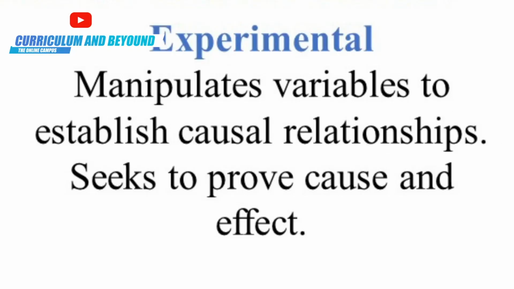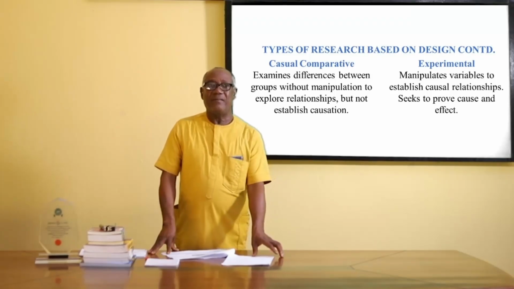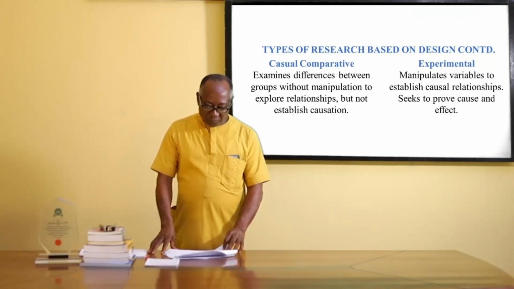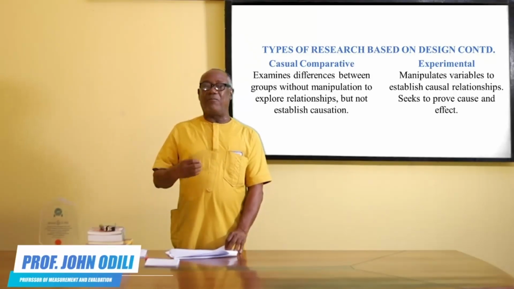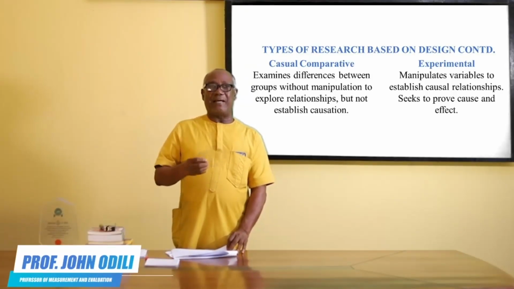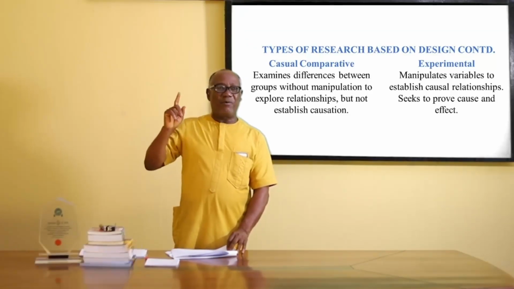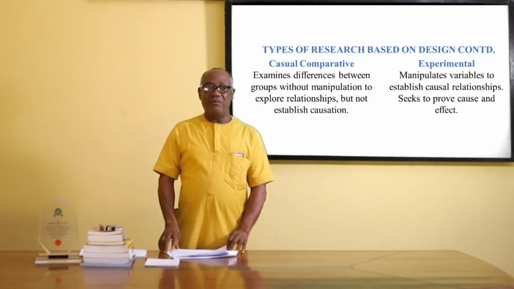Now, we want to look at experimental research. Experimental research is the only type of research that the aim is to study a cause-effect relationship. In other words, you want to establish whether a given action is exactly responsible for the observation that you made.